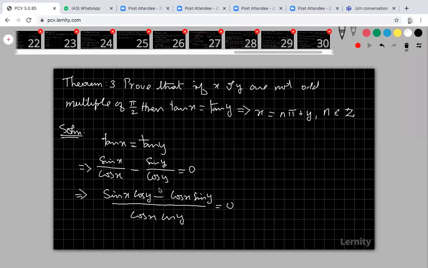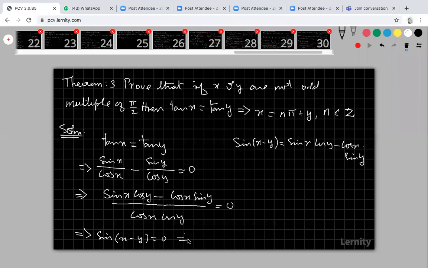But what about the numerator? Your numerator is nothing but sin x cos y minus cos x sin y. So we have a formula, the sin of x minus y formula. What is the sin of x minus y formula? Sin x cos y minus cos x sin y. Therefore I am getting sin of x minus y equal to 0.